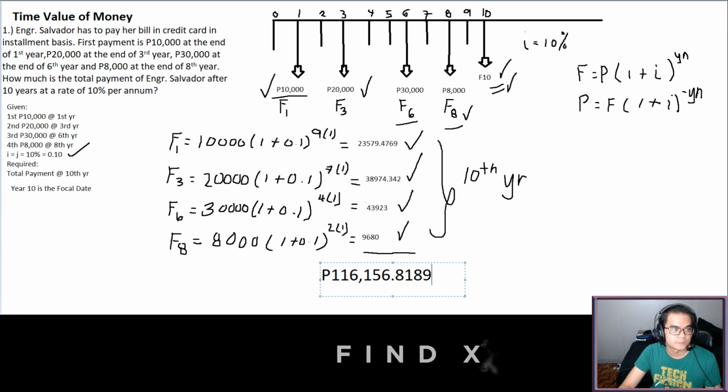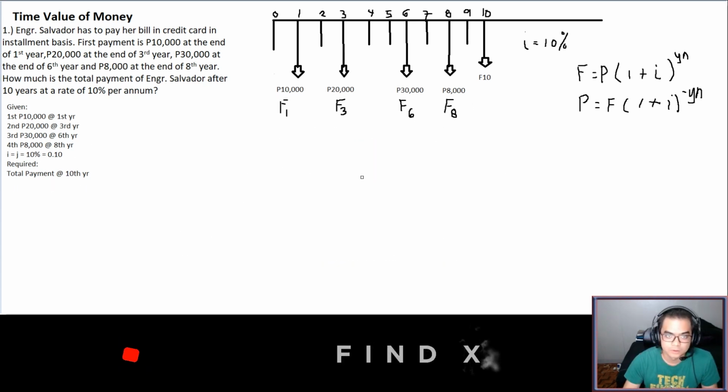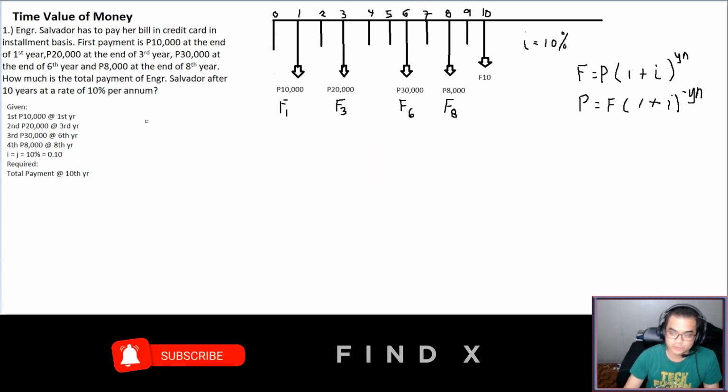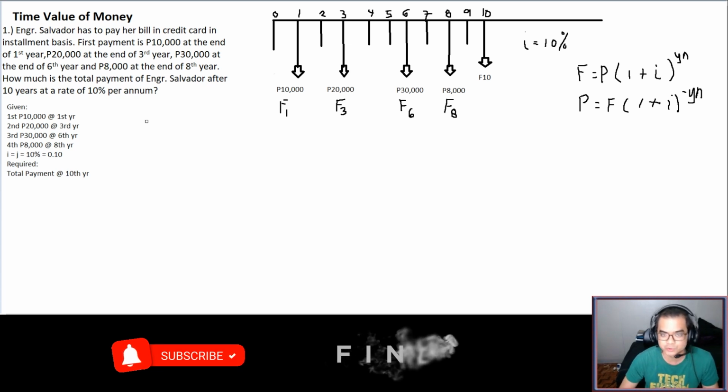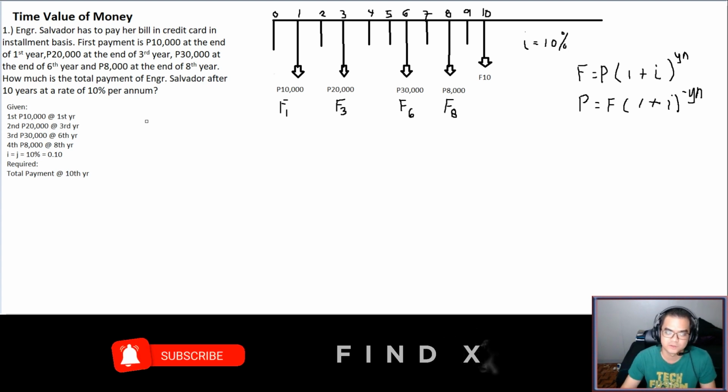I'll just clear the board and I'll be back. Okay, so let's go for another solution for this one. So supposedly you will have multiple solutions for this one, but of course we will always arrive at the same answer. Okay, so let's see.